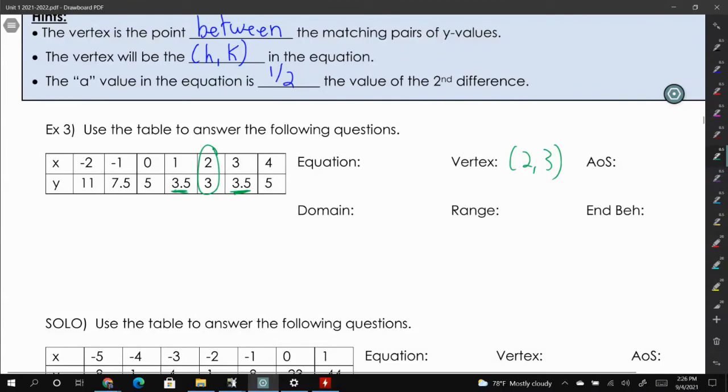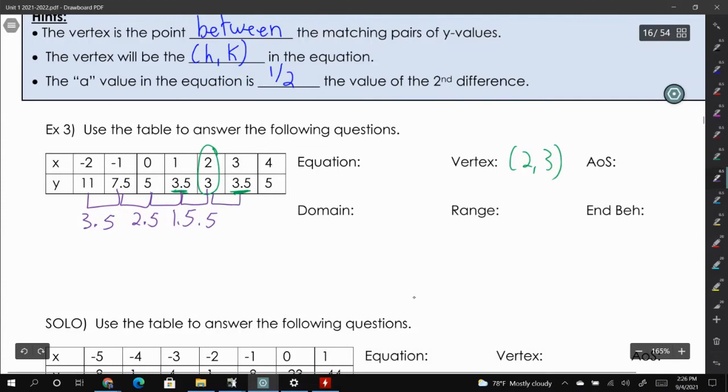Now we need to calculate the first difference. All right, 11 minus 7.5 is 3.5. And 7.5 minus 5 is 2.5. 5 minus 3.5 is 1.5.